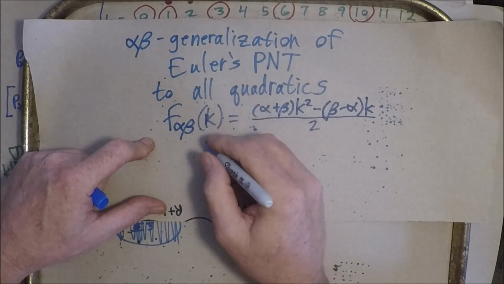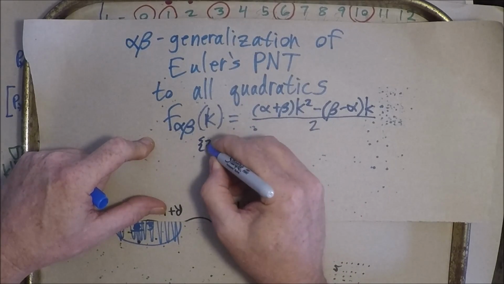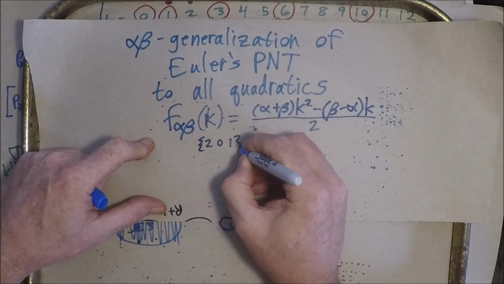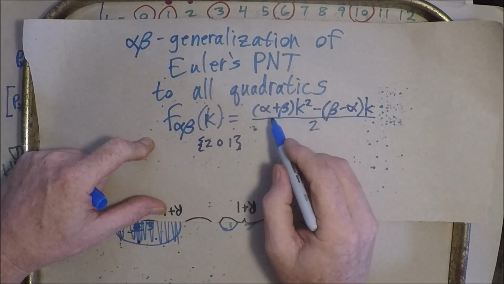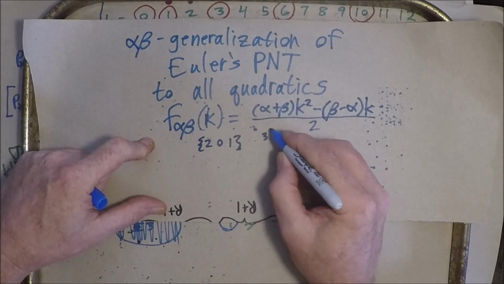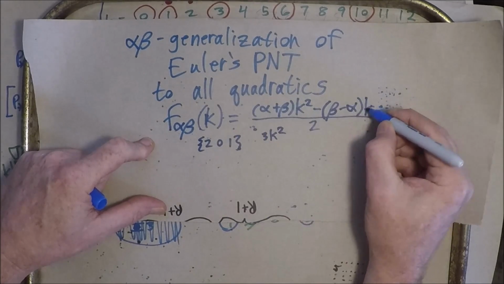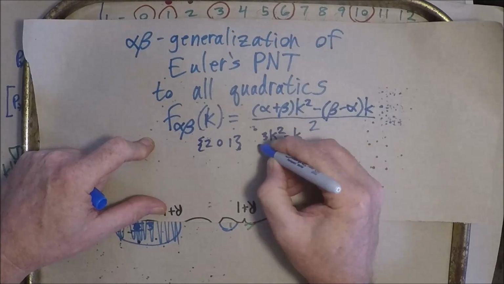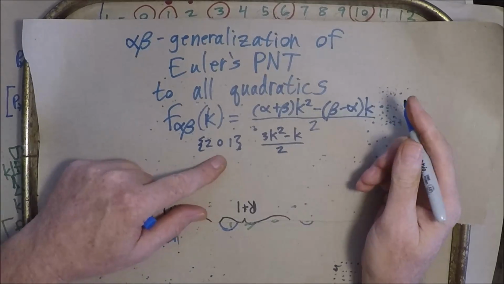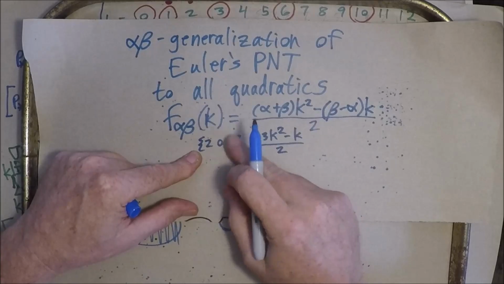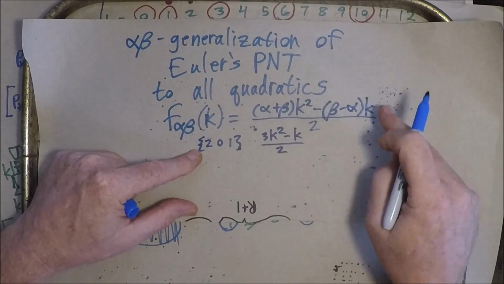And we can see that when our quadratic is 2, 0, 1, we have 3k squared minus k over 2. So 2, 0, 1 is the Euler's pentagonal number theorem.